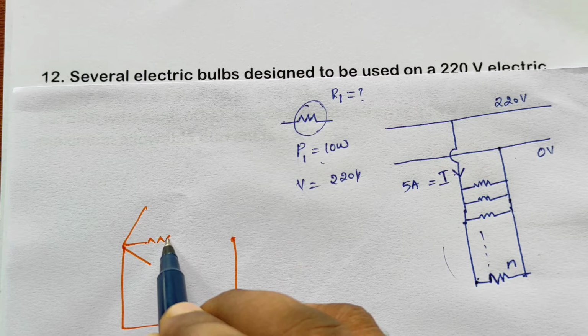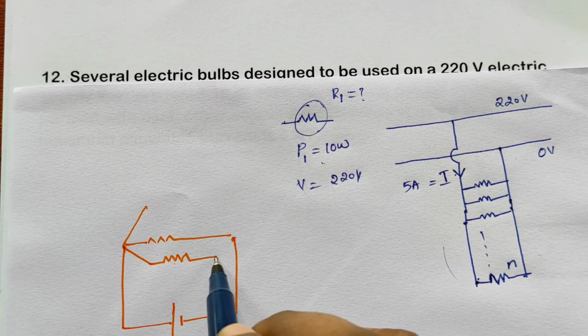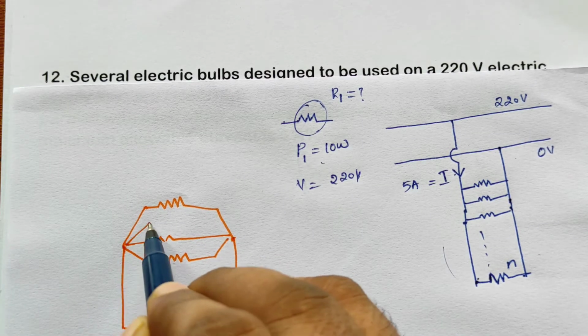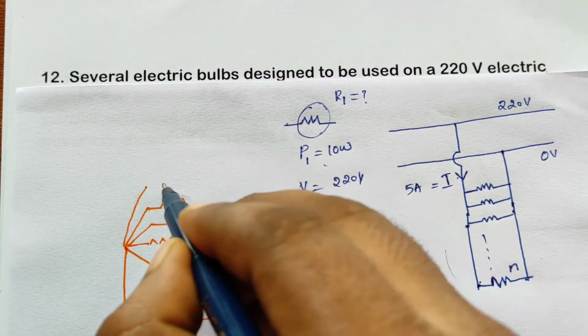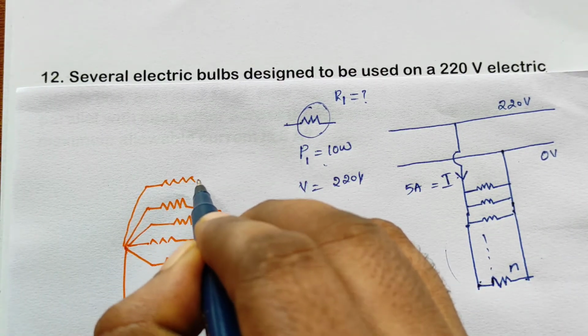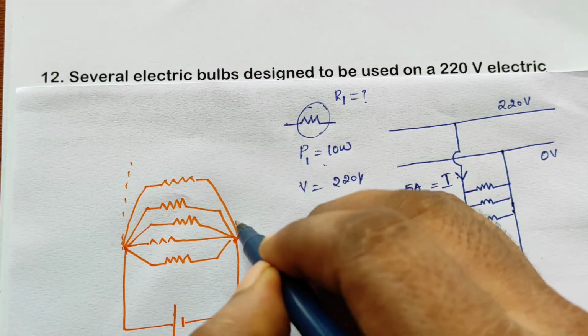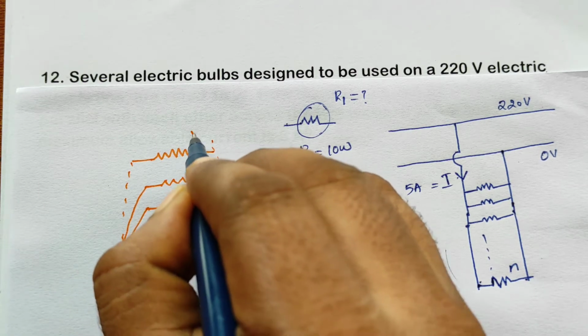This is 1, this is 2, this is 3, this is 4, and so on to n.